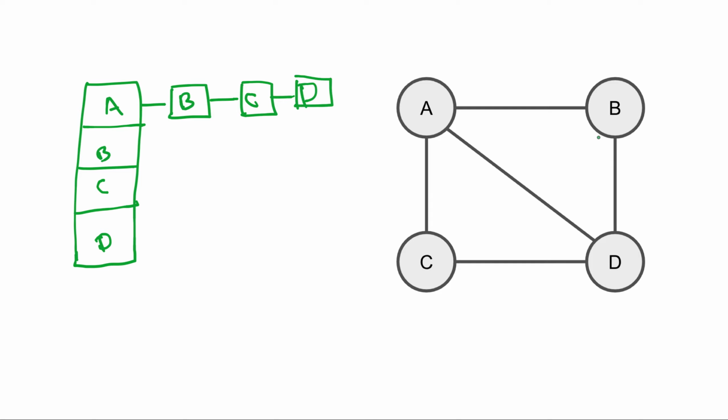Okay, then for B we have two vertices A and D. So for B we have A and D, and for C we have A and D again.